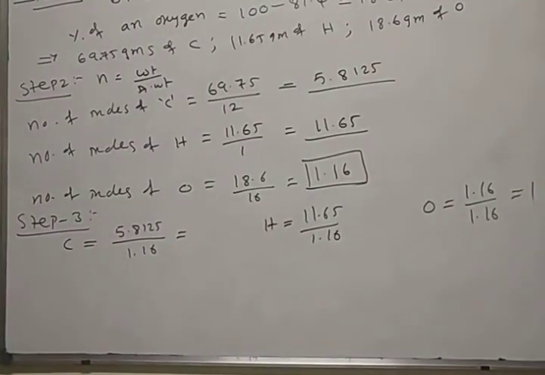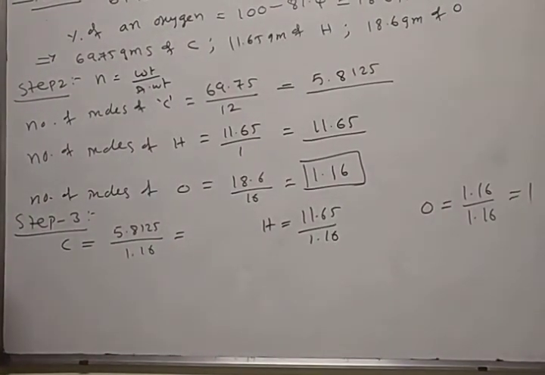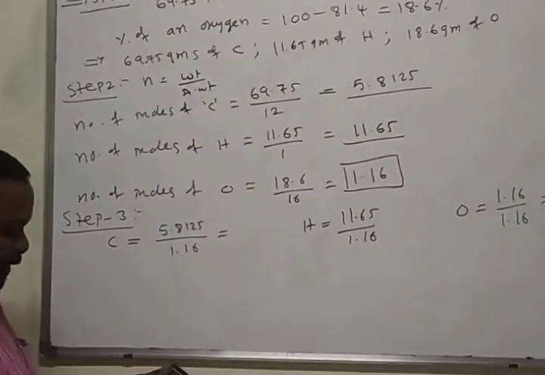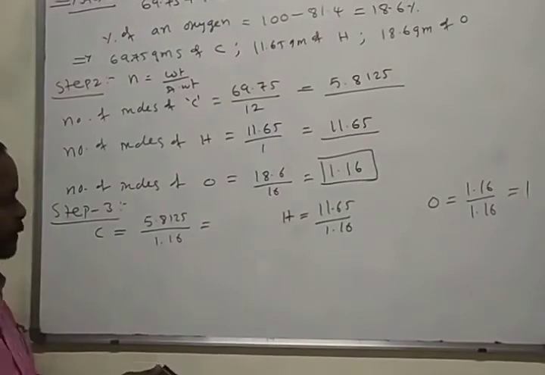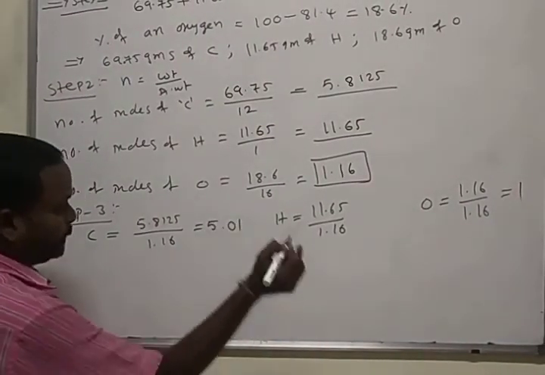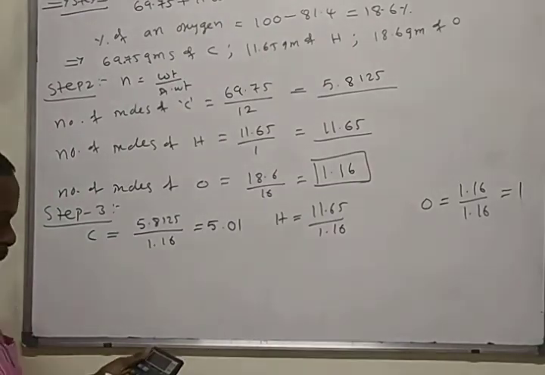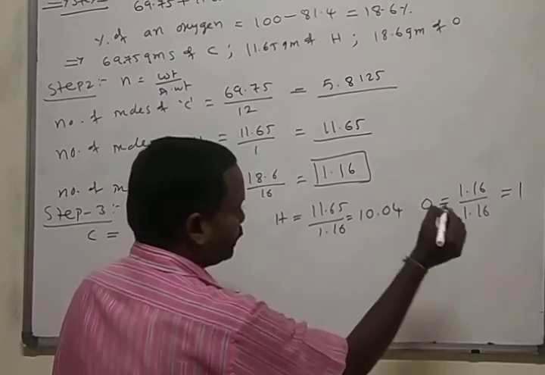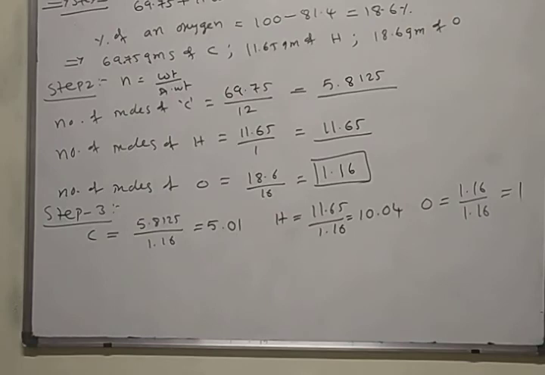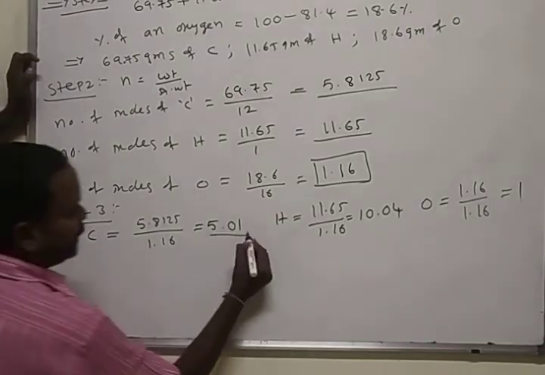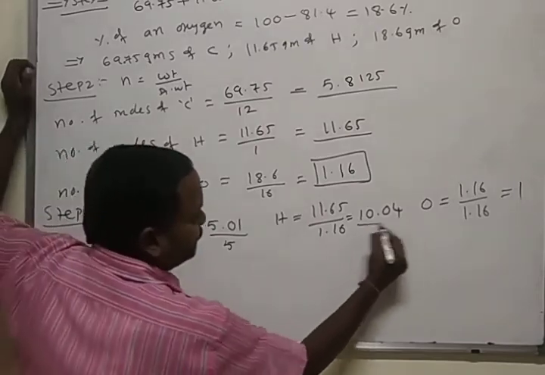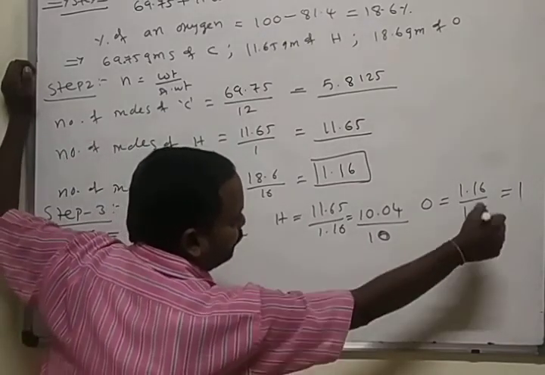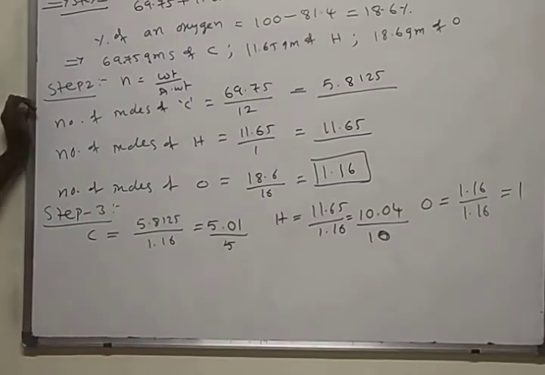Carbon gives 5.01, hydrogen gives 10.04. These may be written as 5, 10 and 1.